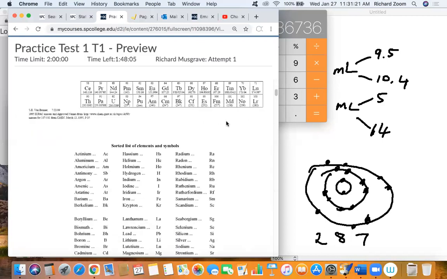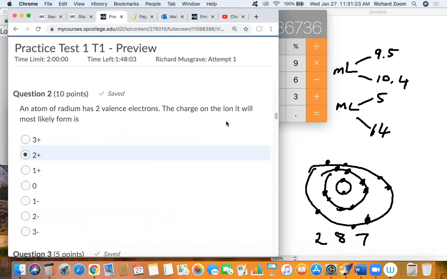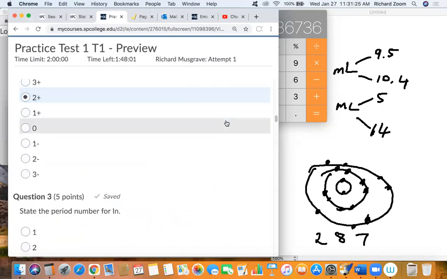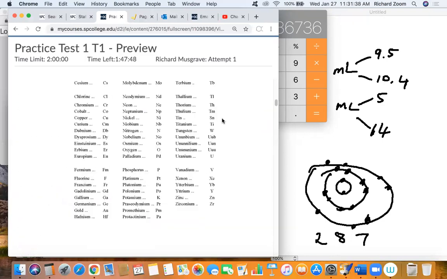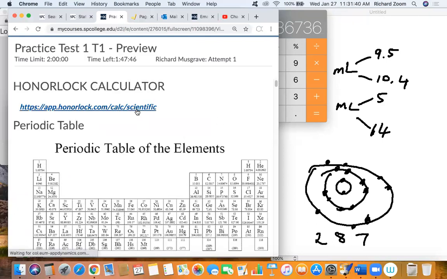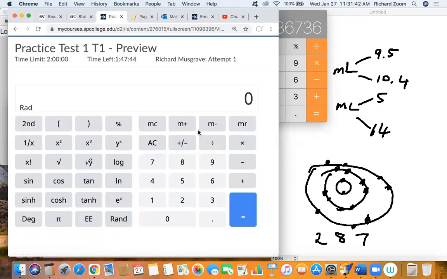Okay, I'm actually going to change that in the syllabus to saying that you can use a handheld calculator, but it has to be a handheld calculator. It can't be a cell phone. But the Honorlock calculator, I'll show you what that looks like. You actually have access to it in the practice test, and that's what it looks like there. I'd recommend opening it in a separate tab if you're going to use that and practice with it.